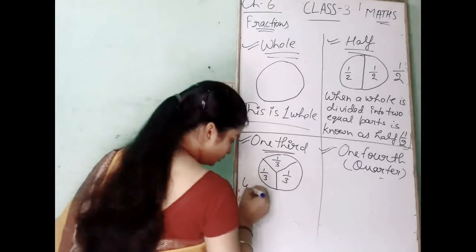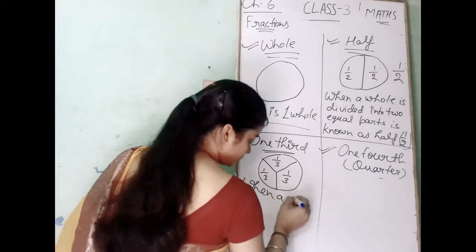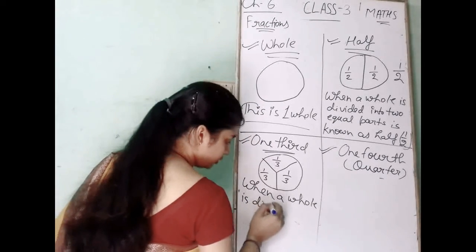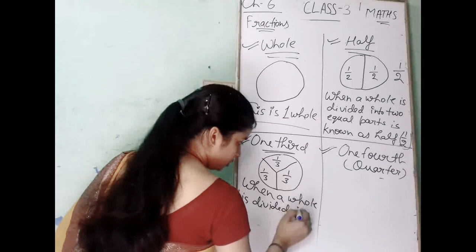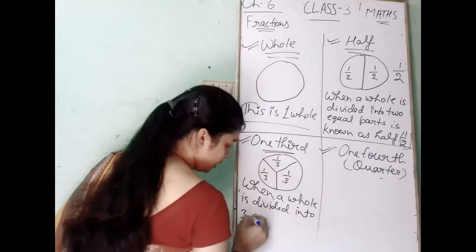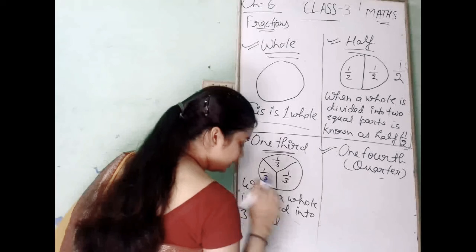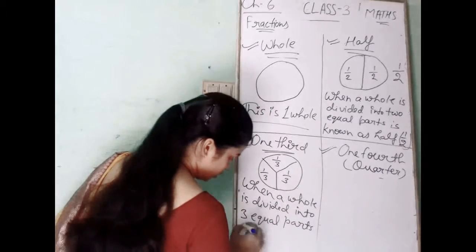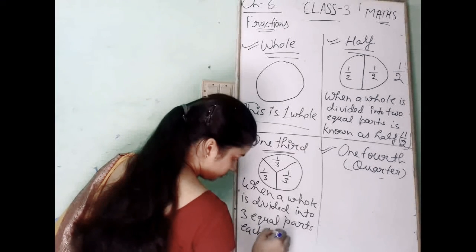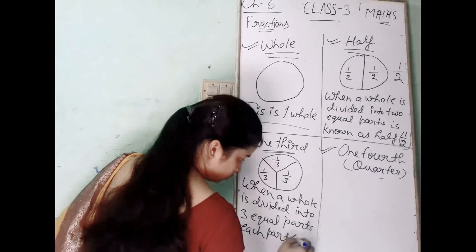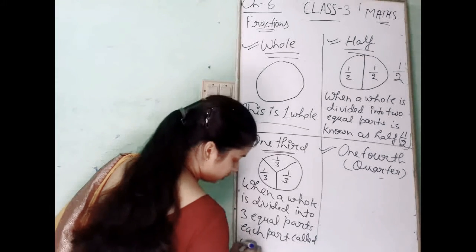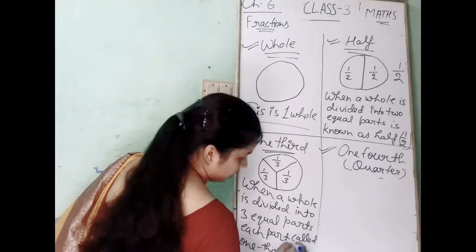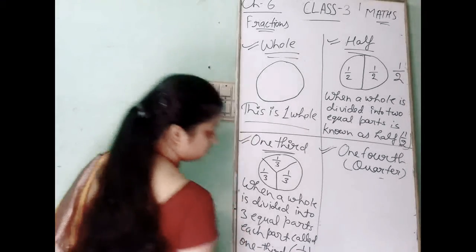When a whole is divided into 3 equal parts, just see, 3 equal parts must be added, each part is called 1/3 as a word and as a fraction 1 by 3.